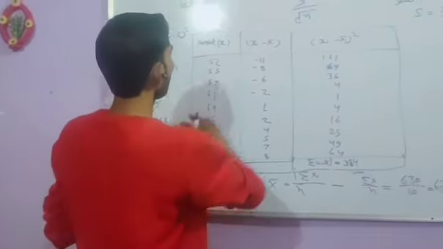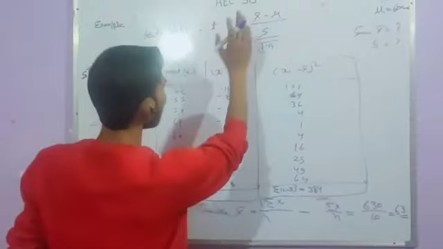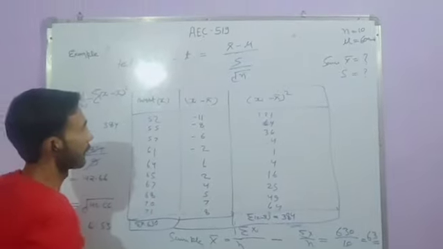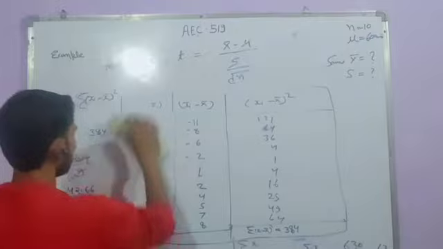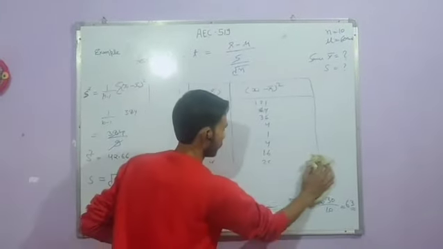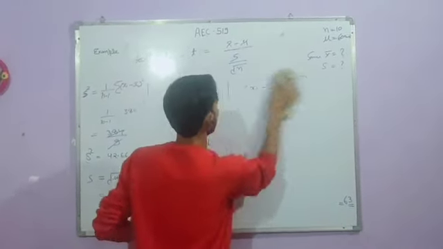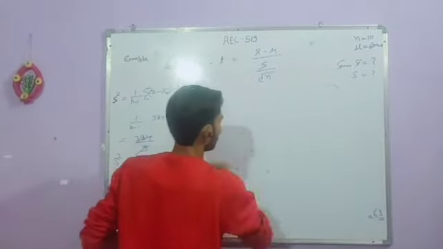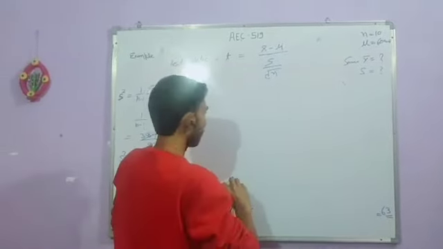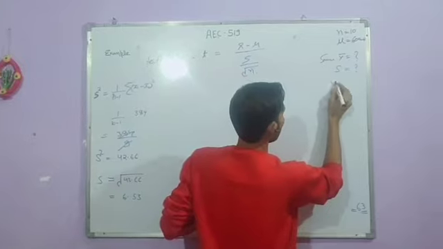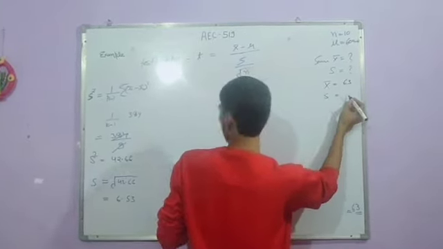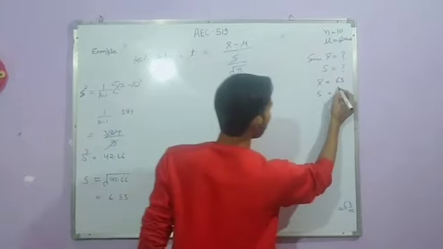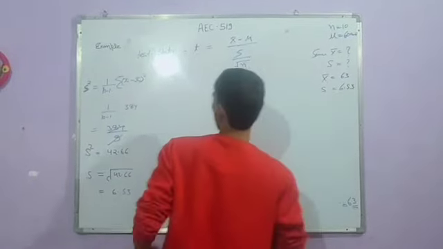Now we put the value of s and x bar in this T statistic. Okay, now x bar is 63, s is 6.53.